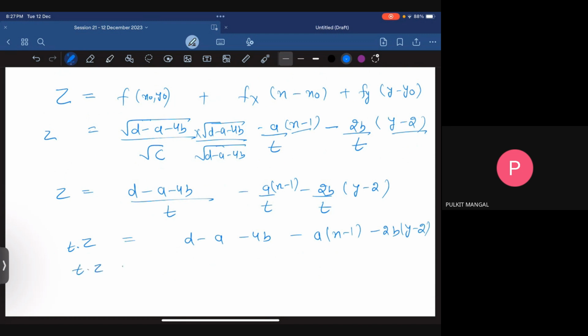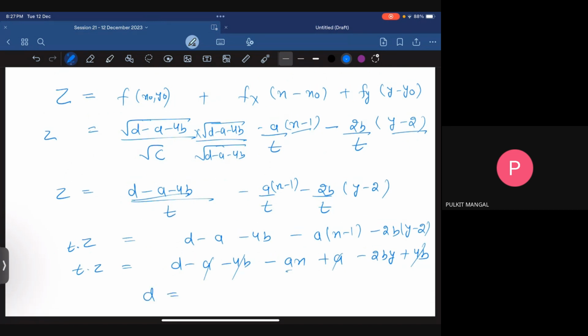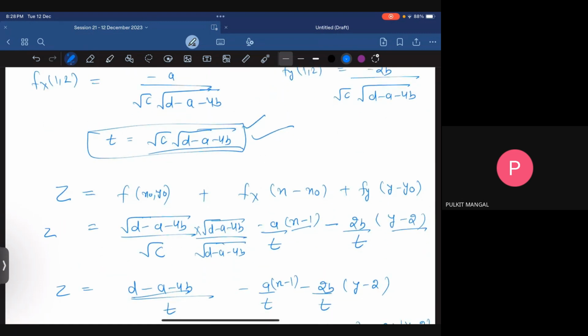So you get t times z equal to d minus a minus 4b from here, minus ax plus a minus 2by plus 4b. This will cancel out, this will cancel out. So I got d, and taking the negative terms to the left hand side, it would be ax plus 2by plus t times z. You can replace this t with the expression again.